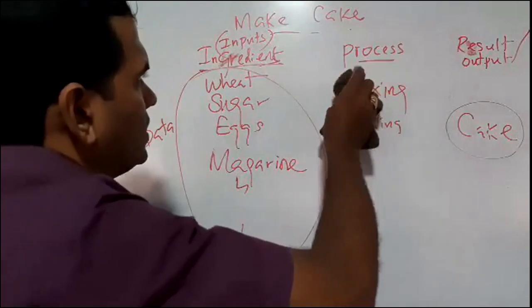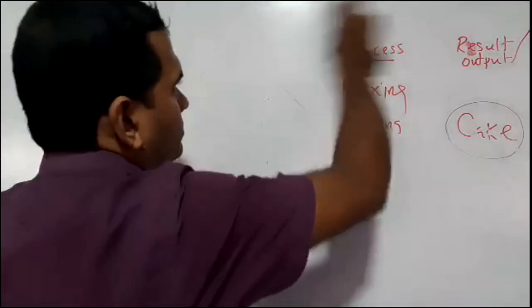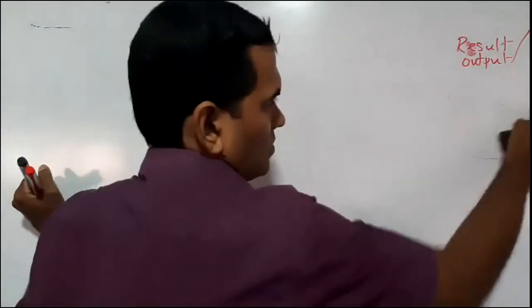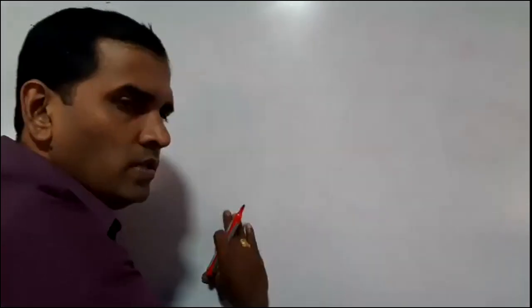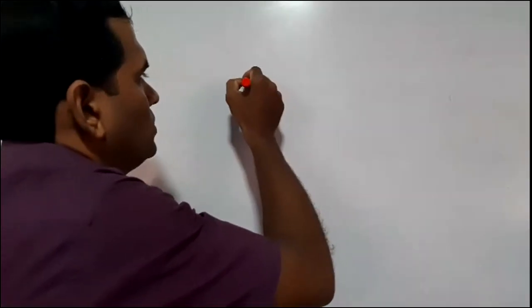So from this example, we can take an important conclusion. You have ingredients on the left side. I told you that they are inputs. So they are data.